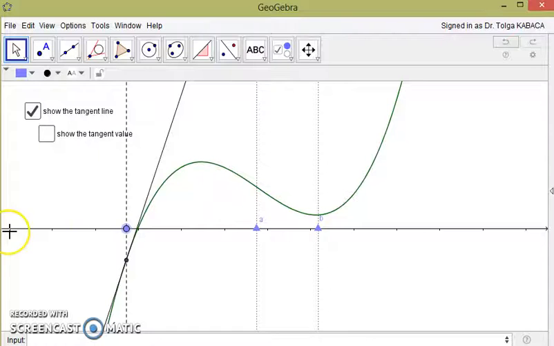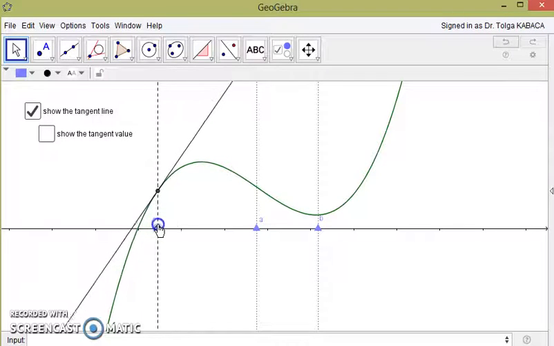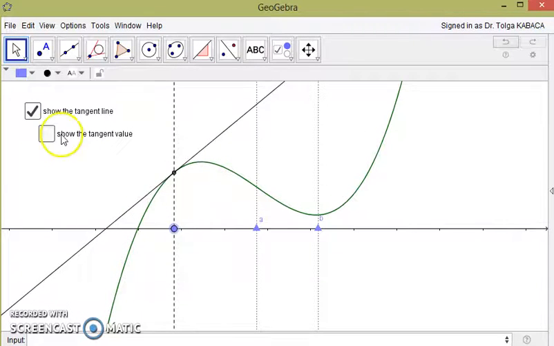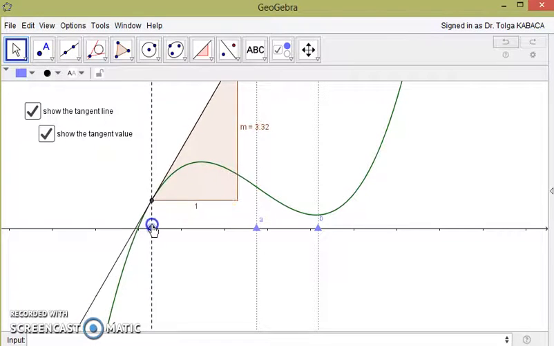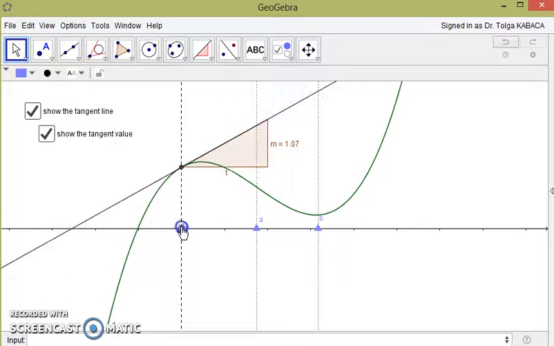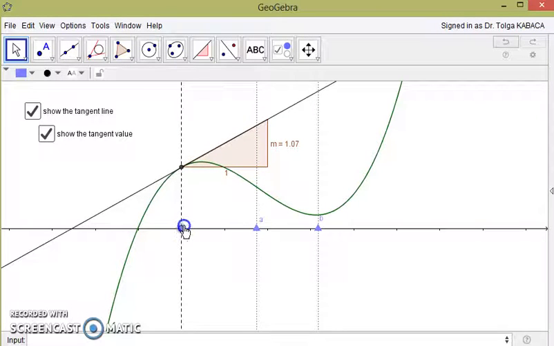Here, from minus infinity to a, the function is concave down, and the derivative, the tangent, is decreasing. I am repeating, the curve of the function is concave down, and the derivative, please observe the value, is decreasing.